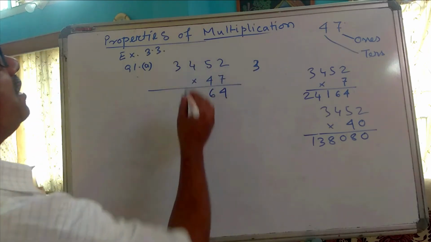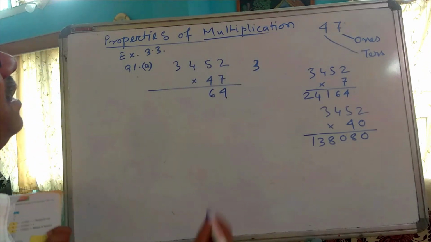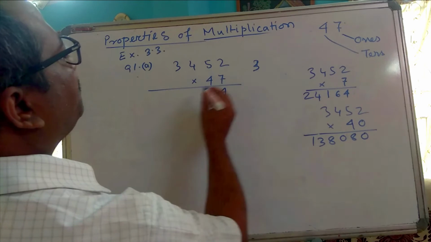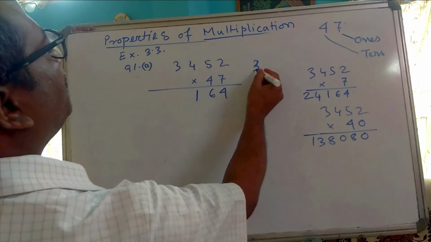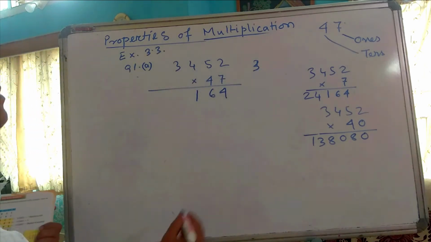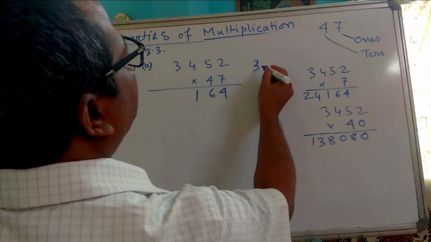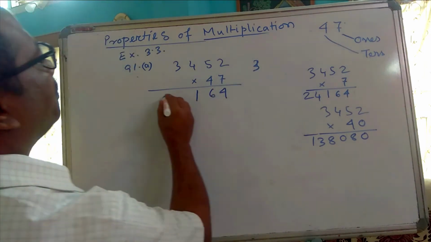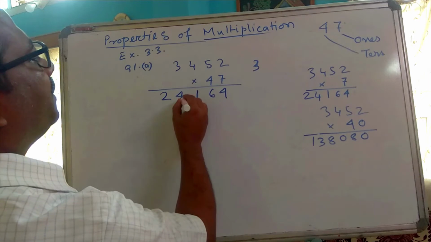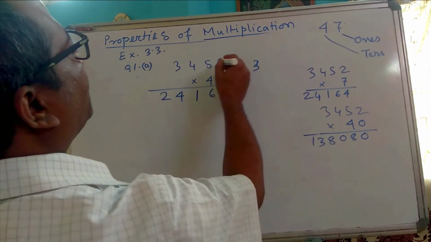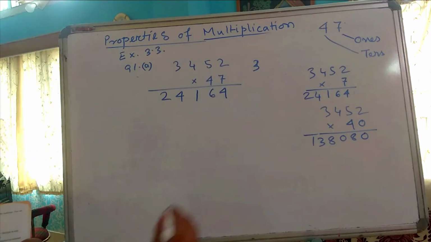Then 7 4s are 28, 28, 29, 30, 31, 1. Then 3 left. 7 3s are 21, 21, 22, 23, 24. So, we multiplied with 7 ones.